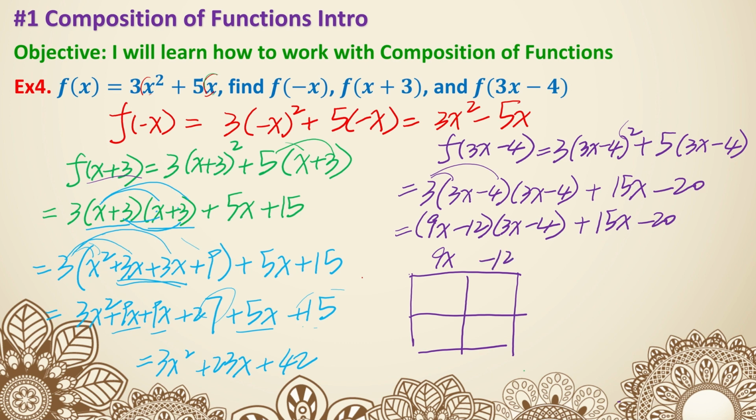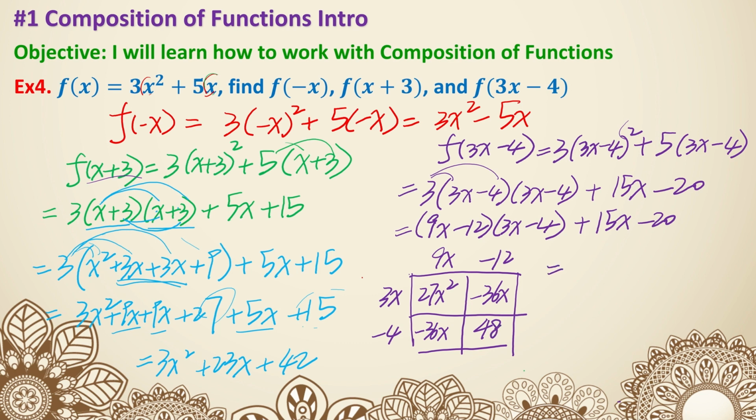9x minus 12, 3x minus 4. We have 27x squared, minus 36x. Negative 4 times 9x is a negative 36x. The negative 4 times the negative 12 is a positive 48.